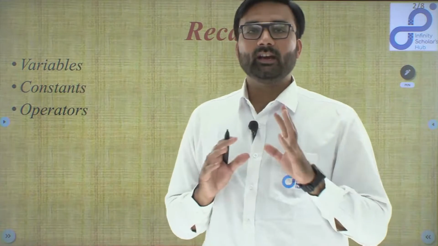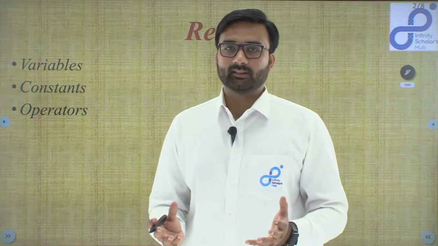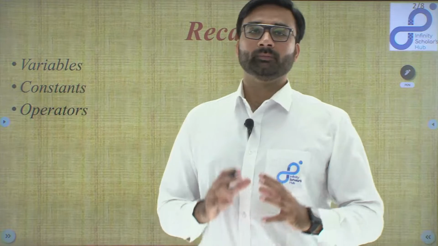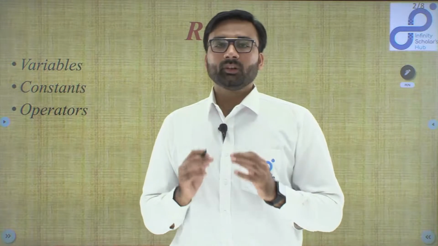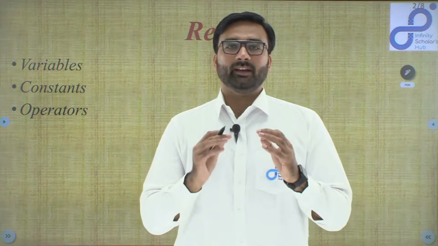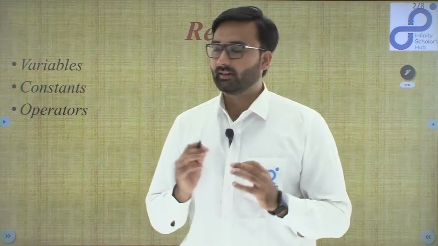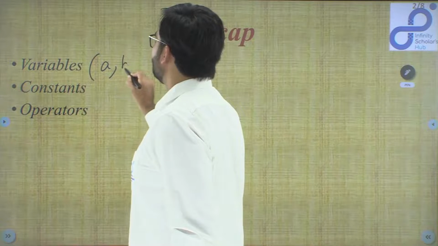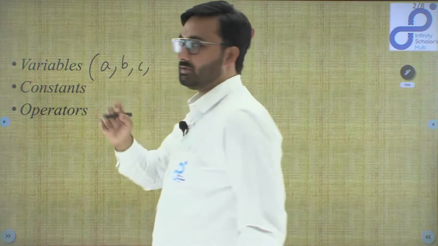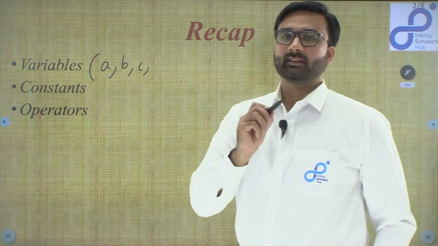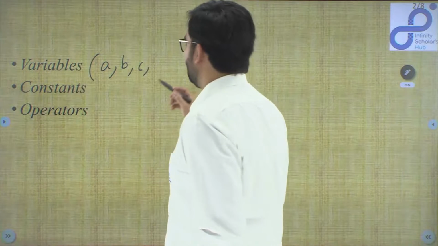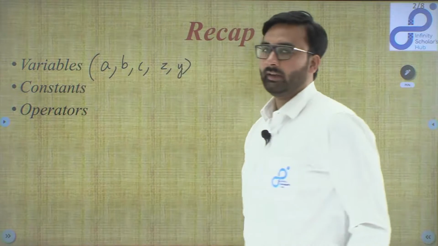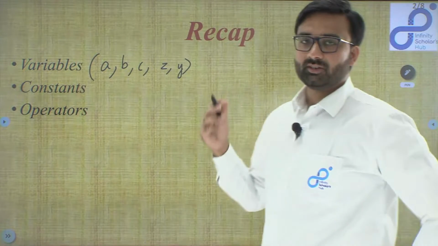We represent variables in small English alphabet letters, like a, b, c, and so on, even z and y.